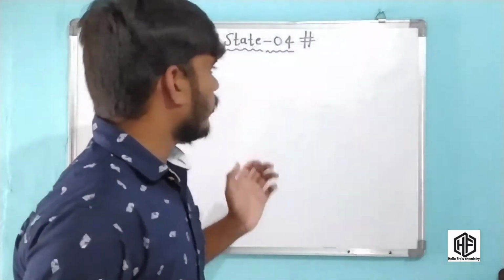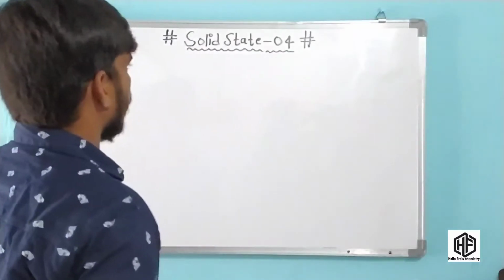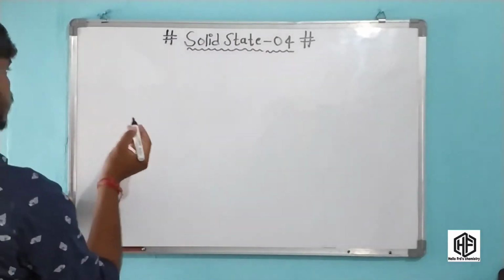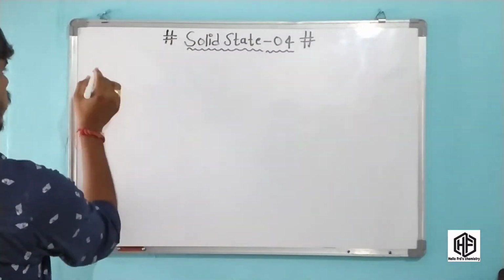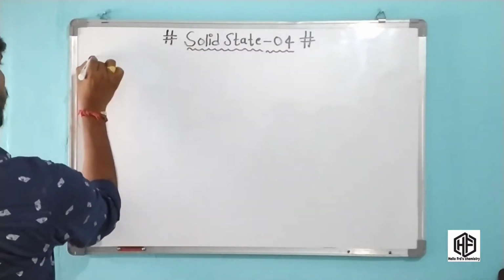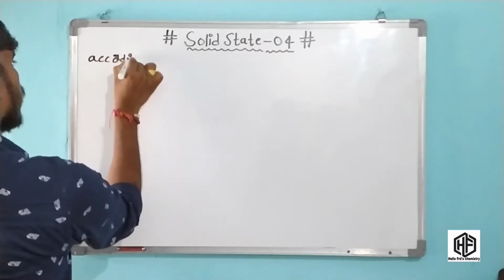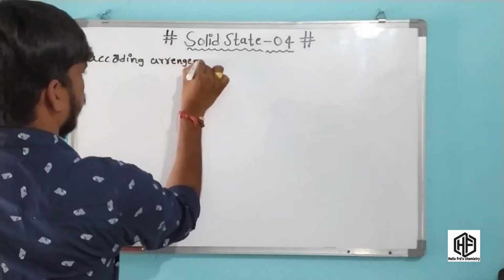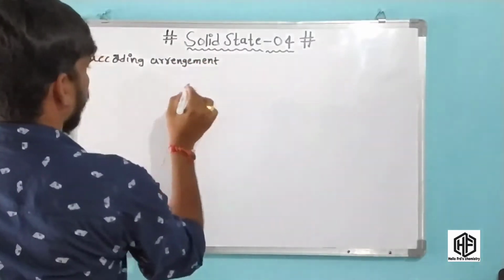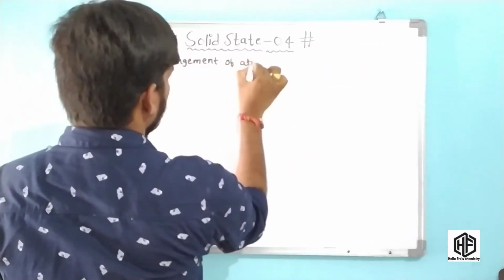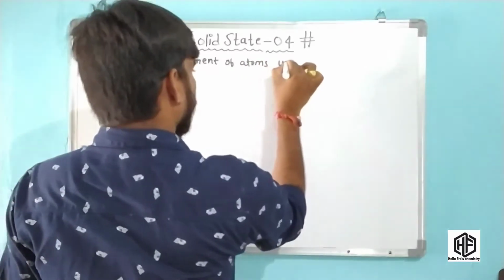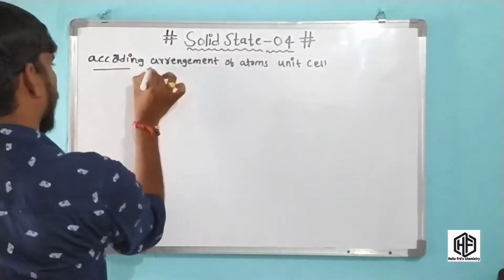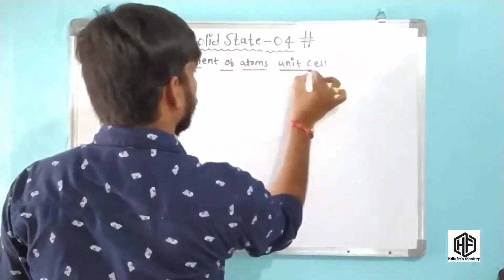First of all, in my previous video I had discussed one more important point, and I will repeat that point. According to the arrangement of atoms, unit cells are 4 types.